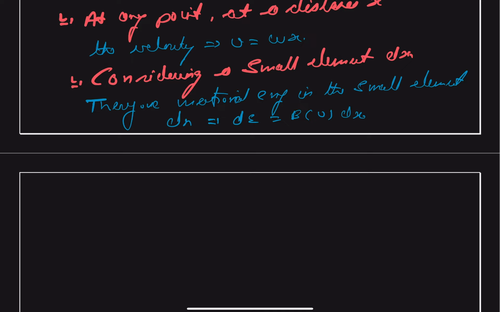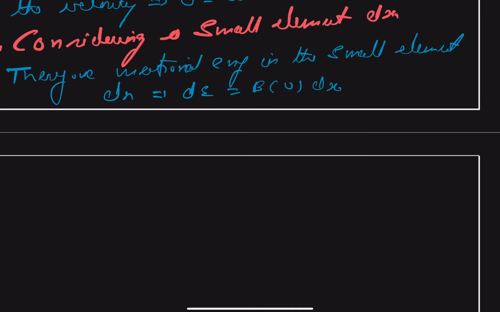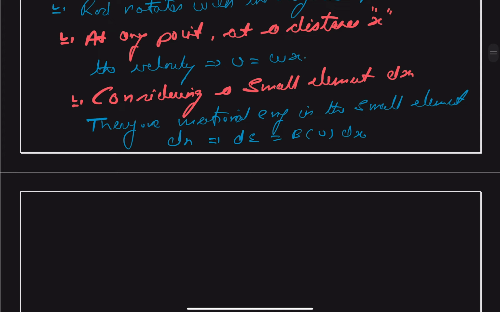We substitute the value of v, which is omega x, so we can write B multiplied by omega x and multiplied by dx.